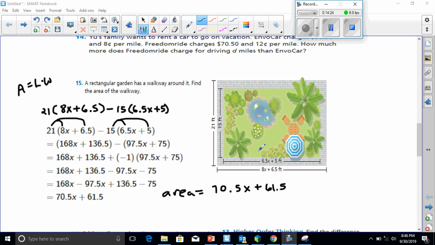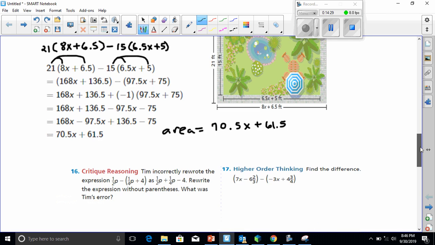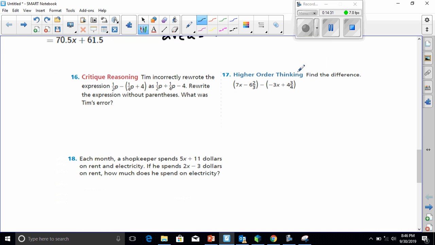Now it's time to go down to number 17. 17. High order thinking. Find the difference. All right, we're just subtracting these numbers. And it's high order thinking because we've got some mixed numbers in here. It really isn't that much more higher order thinking, but let's go ahead and first distribute that negative 1 to everything, right?